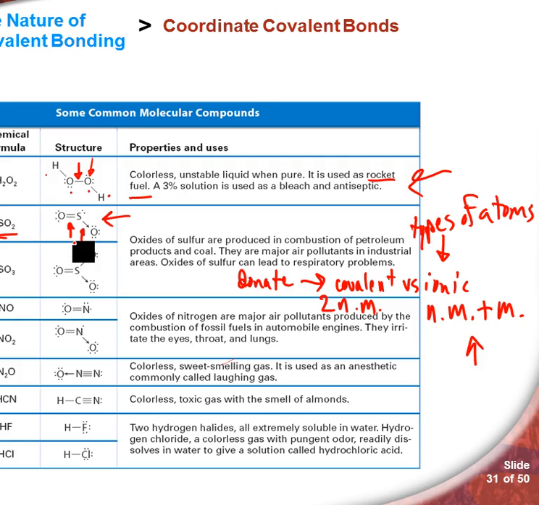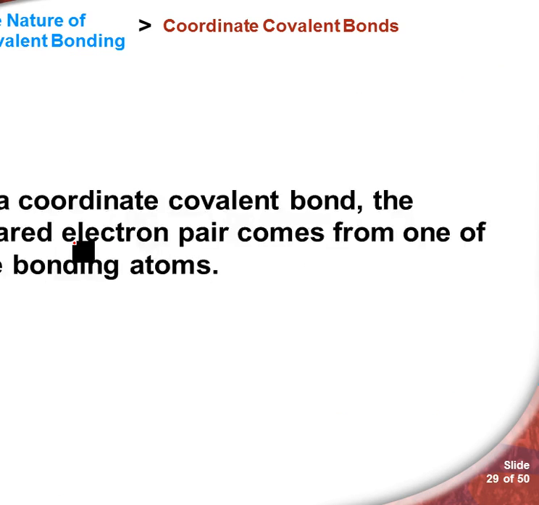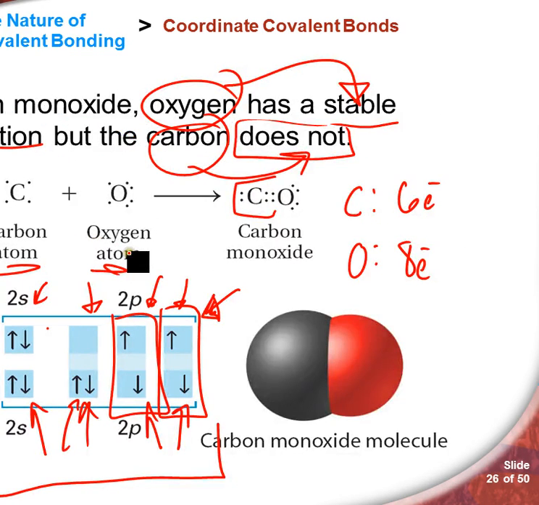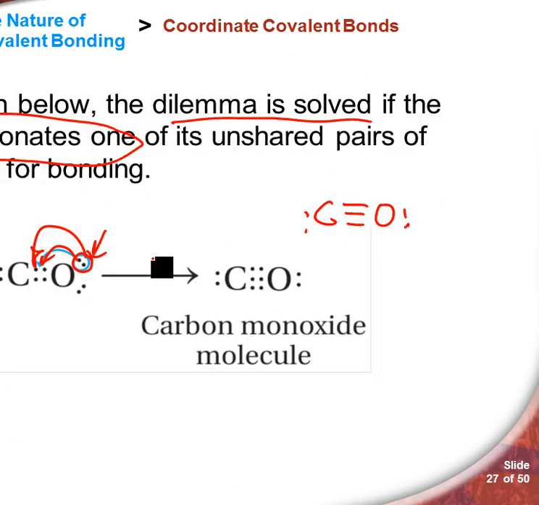It depends on exactly what we have. So let's go back and look at our example here. We'll do some more examples in a little bit, I expect. But we start here. We start with carbon, which had 4. Actually, it looked like it had 6, right? Carbon had the following, and oxygen had that, right?